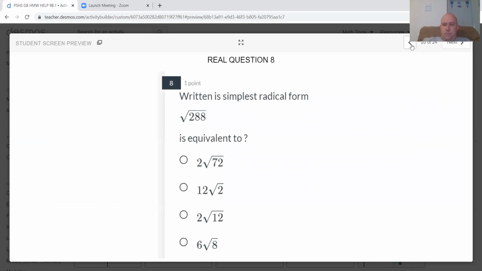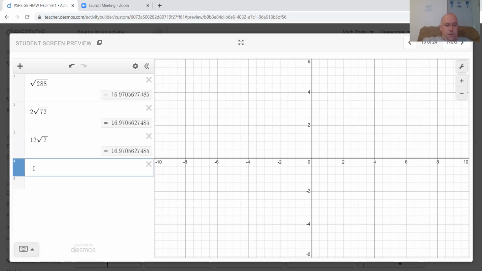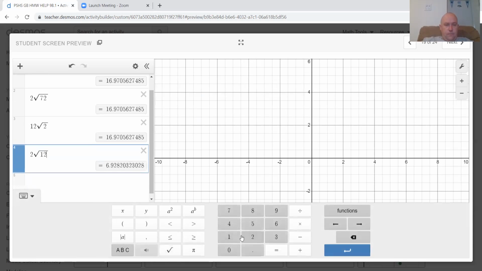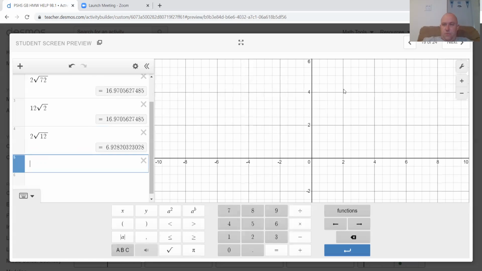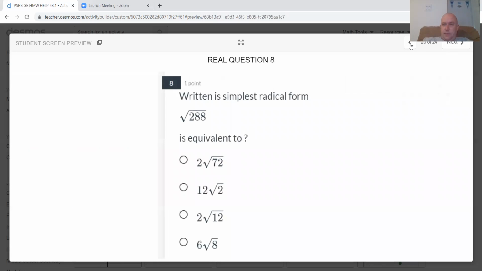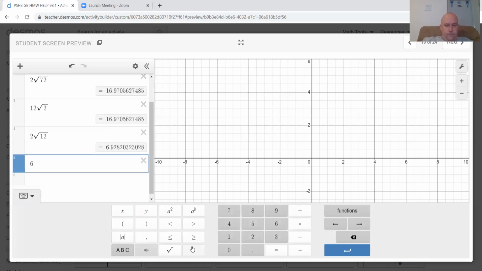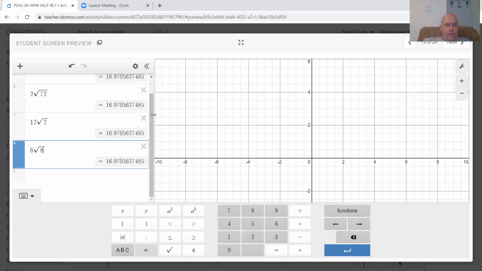So that might be more simplified. 2 square root of 12. Nope, that doesn't seem to work. And 6 square root of 8. Notice that also gives us that 16. So I'm going to leave all the ones that give us the same answer.